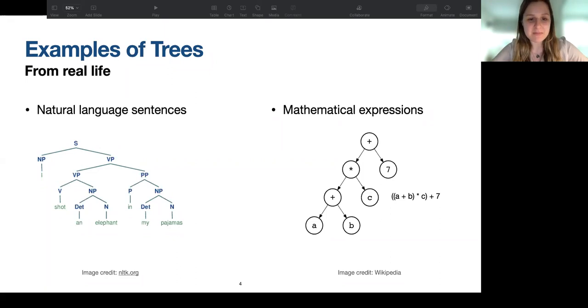If we think about the syntax of this sentence, we would see that there is the main subject in the sentence, which is I, and there is the verbal phrase of the sentence, which is shot an elephant in my pajamas.